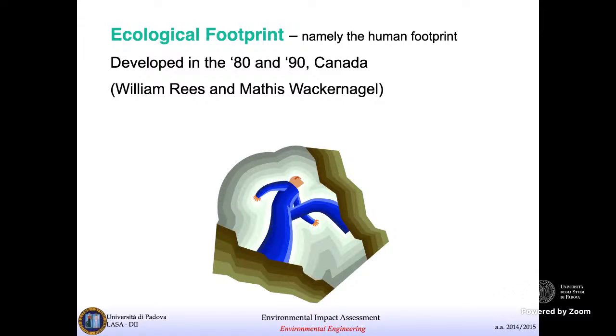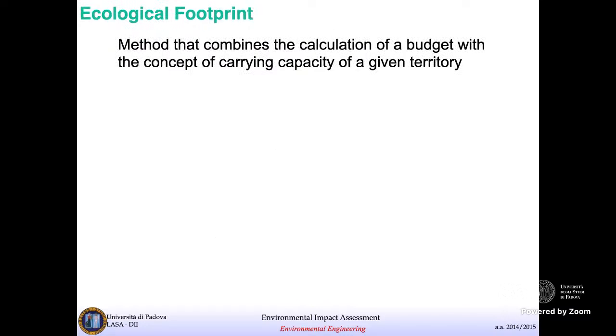Then there is another important, for historical reasons at least, indicator of environmental performance that is called the ecological footprint, or if you want, the human footprint. It was developed in the 1990s in Canada by William Rees and Mathis Wackernagel.